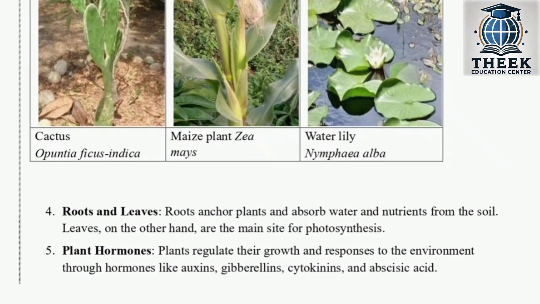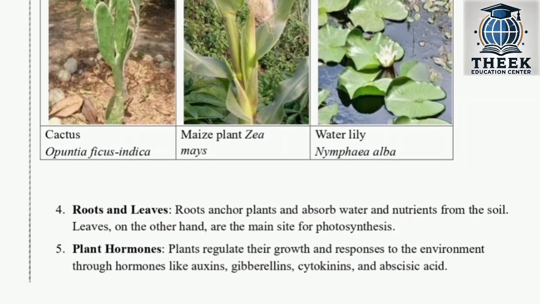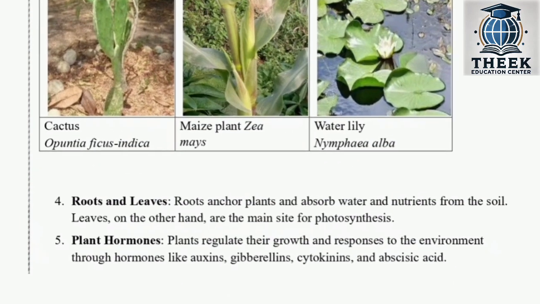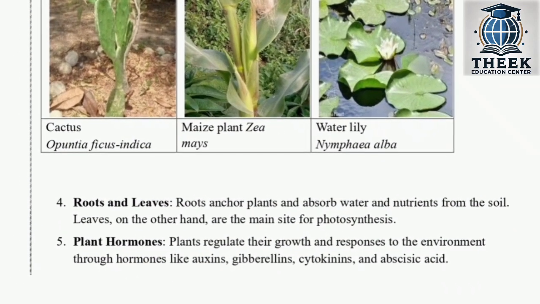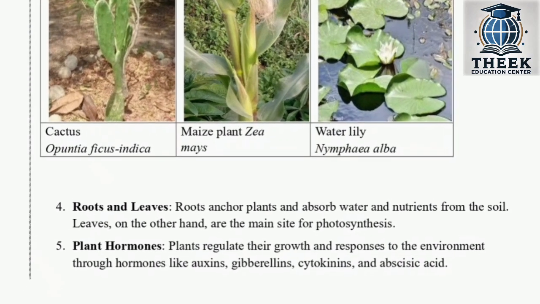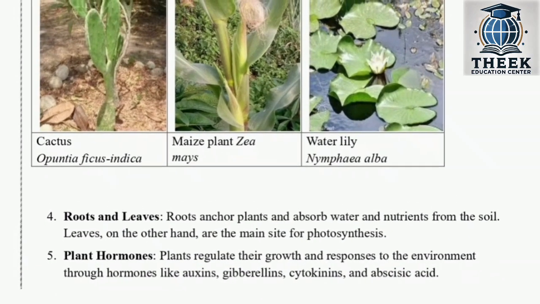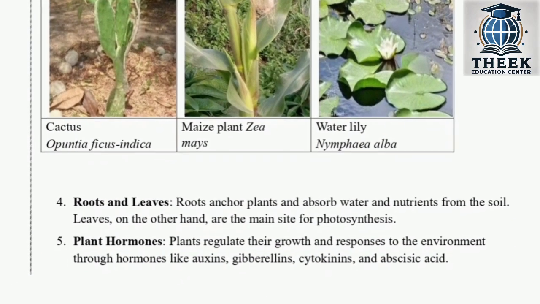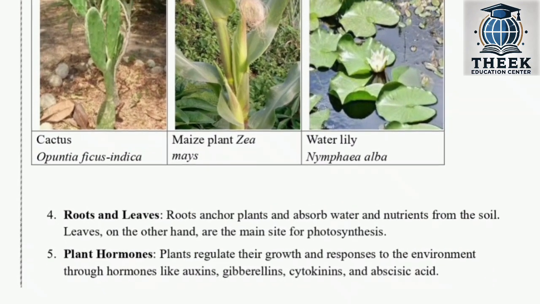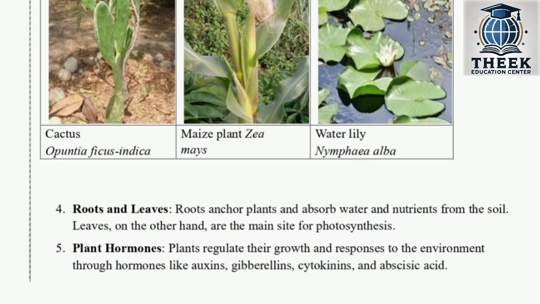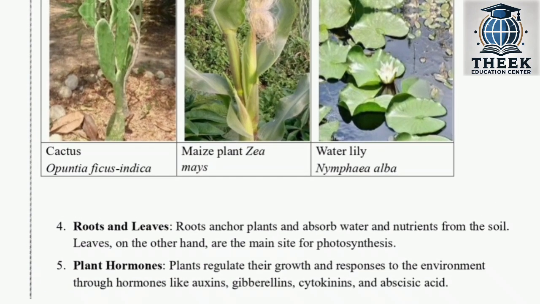Feature number 5 here, we talk about plant hormones. Hormones play a very vital role in the development of plants. So plants regulate their growth and responses to the environment through hormones like auxins, gibberellins, cytokinins, and abscisic acid.